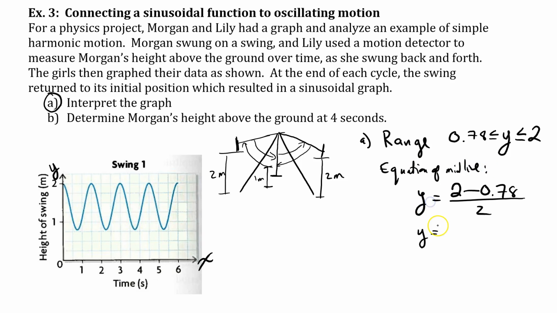So the equation of the midline is y equals 2 plus 0.78 over 2, which is y equals 2.78 divided by 2.